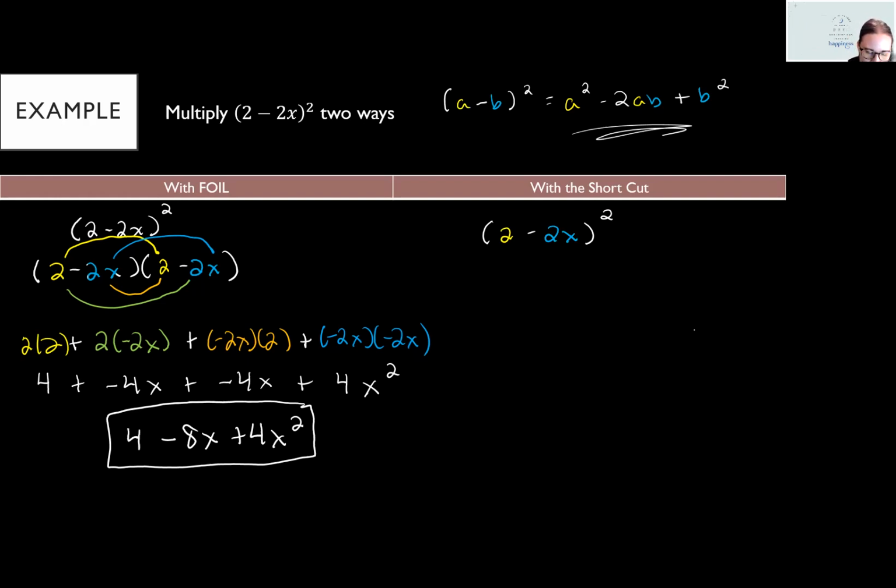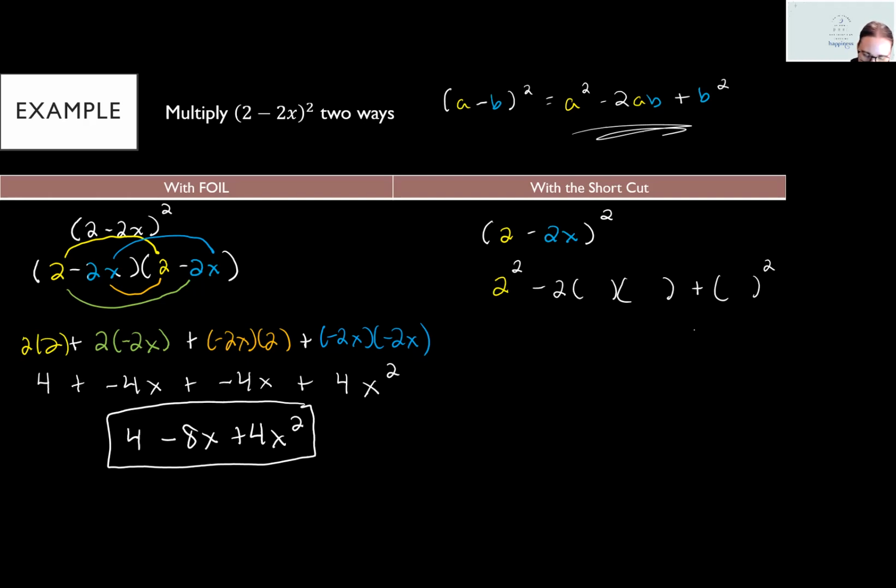So when you're following that formula, A is 2, so we're going to end up with 2 squared. And I'll do that squared part in a different color. Then we have minus 2 times our A times our B, and then plus our B squared.